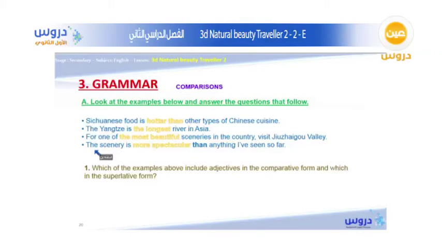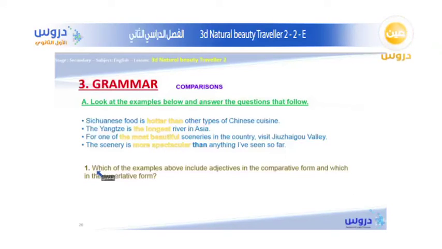The last one: scenery is more spectacular than anything I have seen so far. So here we have some forms. You can compare between two things.